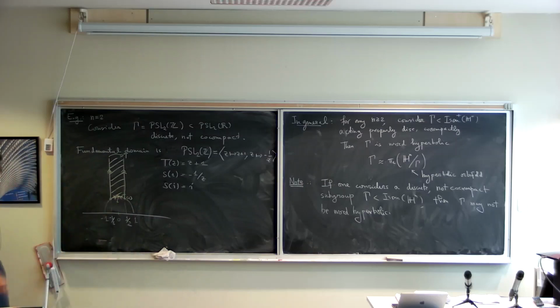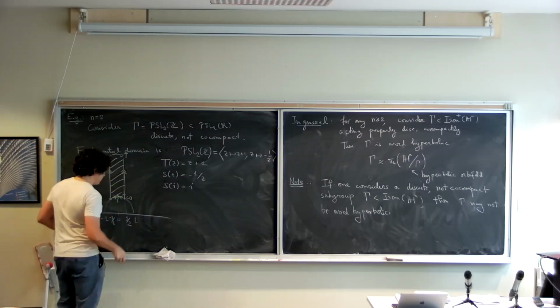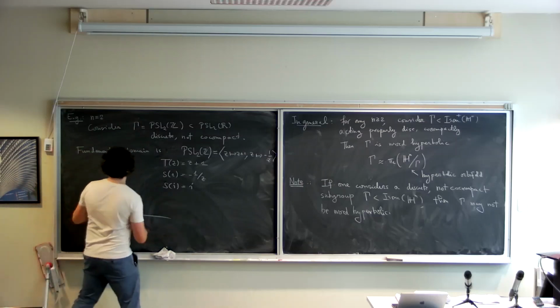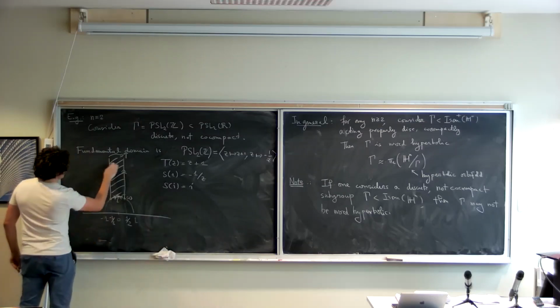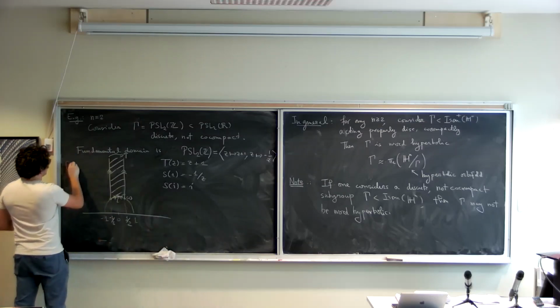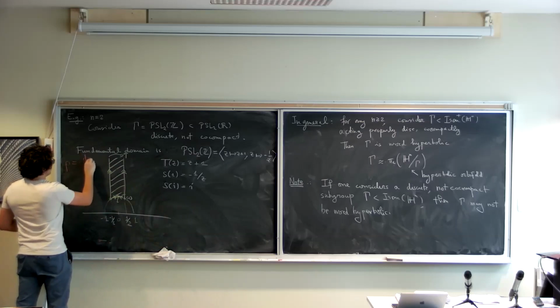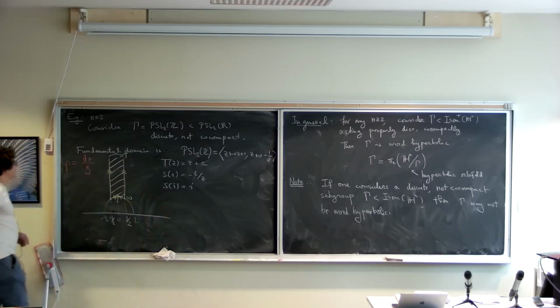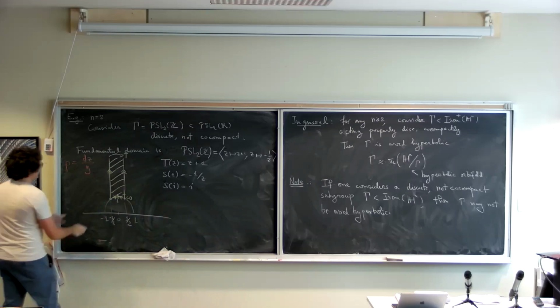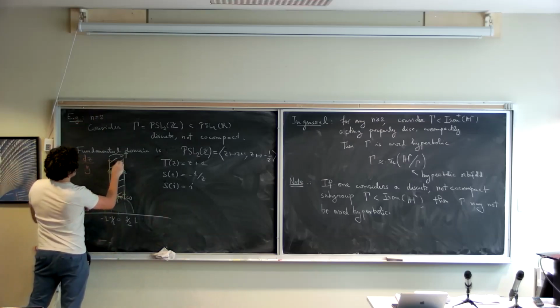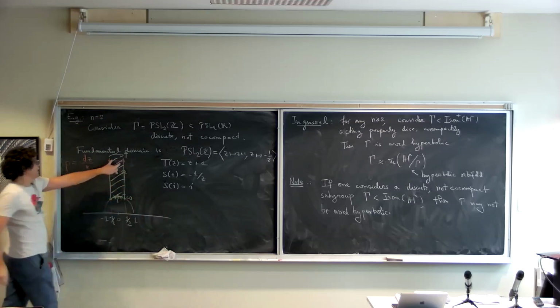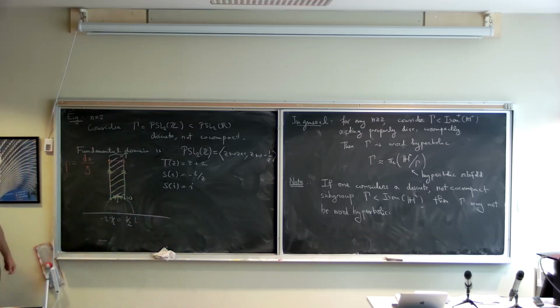In the hyperbolic metric, recall that the hyperbolic metric is the Euclidean metric divided by y. So if you go up, the distance between these two sides gets really close to 0.